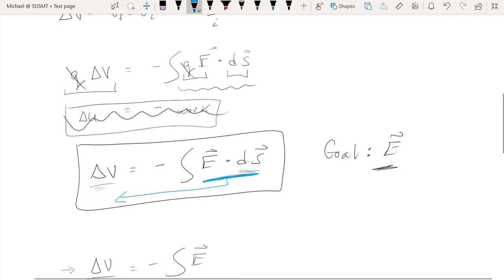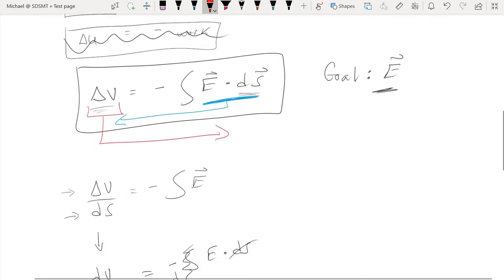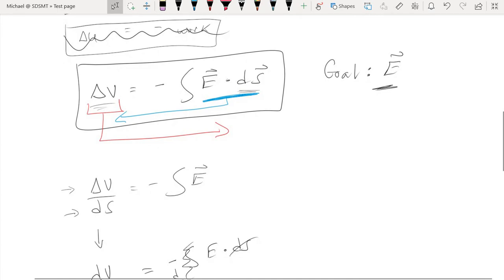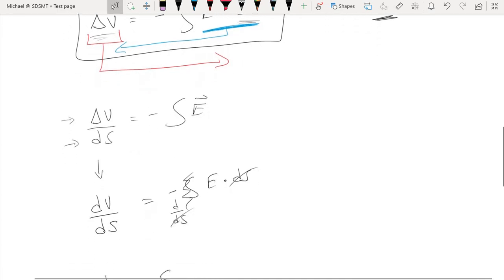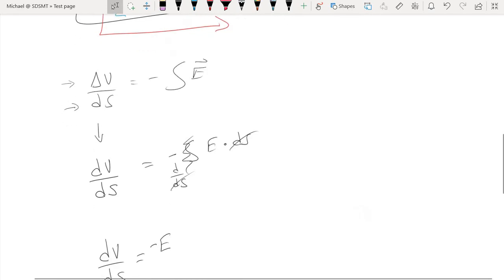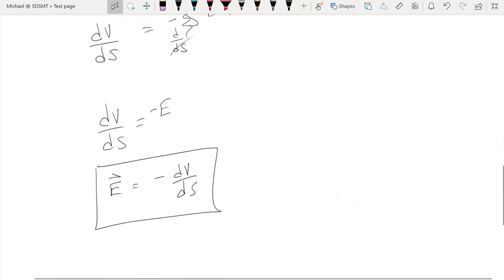Well, now we're expected to take a scalar representation and reproduce vector information, specifically directions associated with those vectors. Well, potential is a scalar. Potential doesn't have any of that vector direction information. So how do we bring that back into the fold?